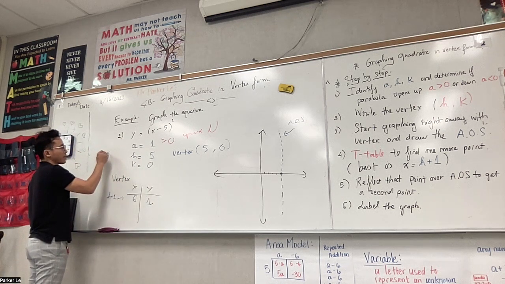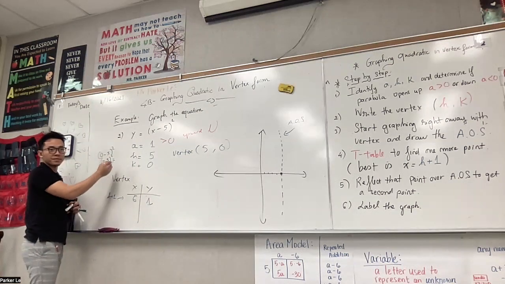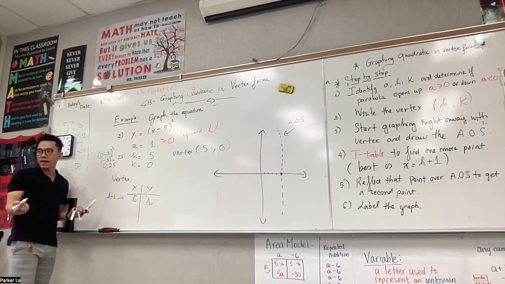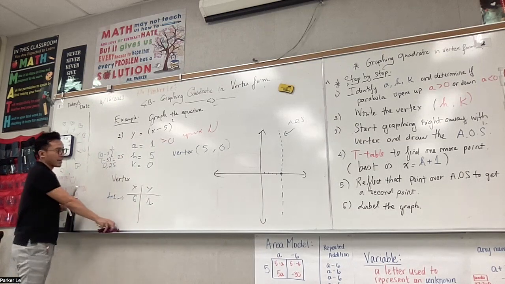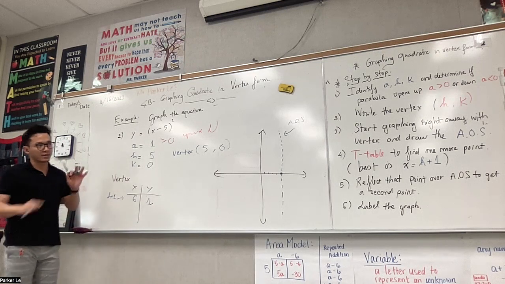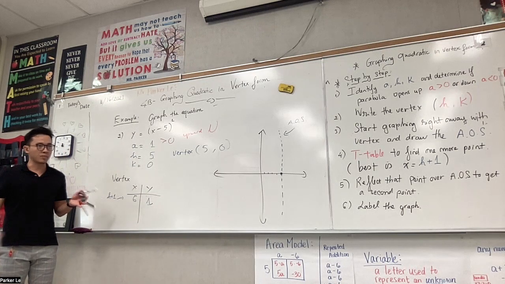So 0 minus 5 squared, you're going to have -5 squared. What is -5 squared? 25, right? So you have the point 0, 25. Fine, just plug in this point. I just showed you the better, shorter way, and when you do it with a small number, the tendency to make a mistake is minimized.